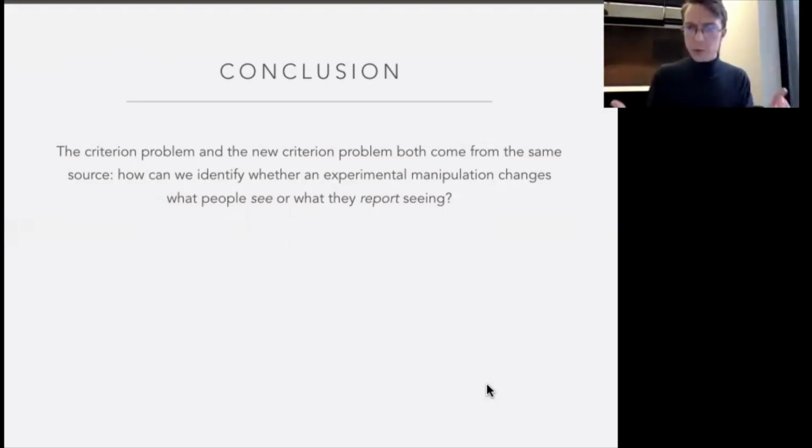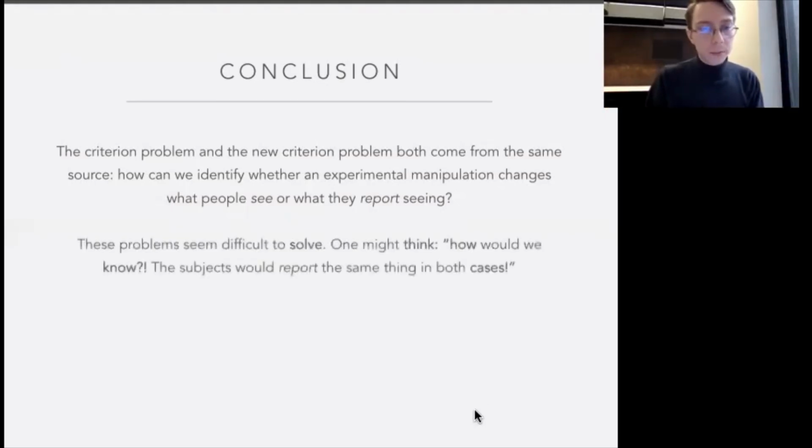And it seems like a tough problem again, because how would we know? Because people would give the same reports in both cases, right? And again, that seems like a difficult problem to solve, you might think.